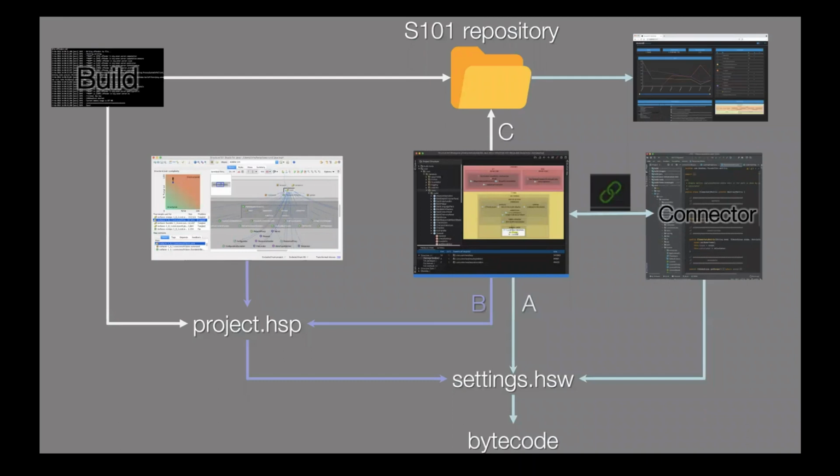I can jump to the code then for those things and make the fixes and check them back in again. So within Workspace, you've got 3 options for loading stuff up for Java. B would be the one that I would suggest is most common. The HSP and the HSW quite often would be checked in alongside your source code in your Git repositories and that type of thing. So that means that build can use the same HSP.